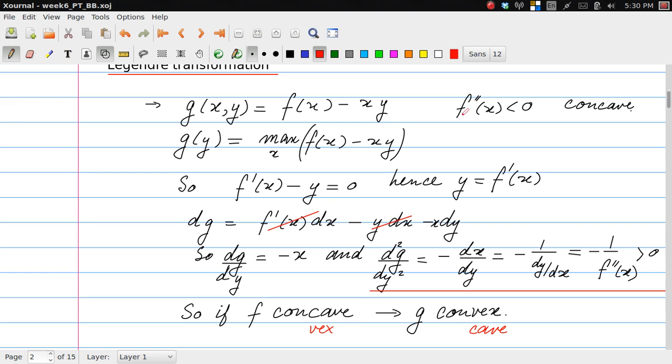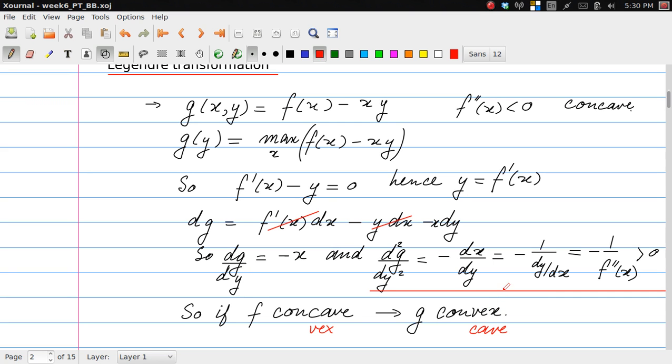Given the fact that the second derivative by assumption was negative, a concave function, we see that then the second derivative of g with respect to y is positive. So g turns out to be a convex function.